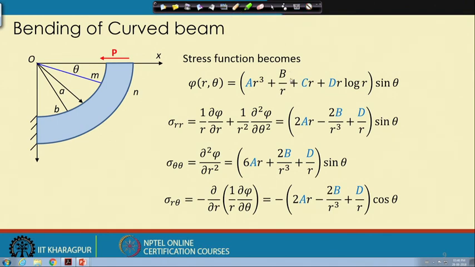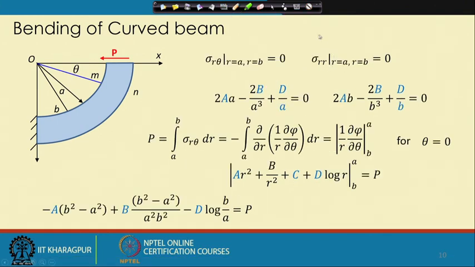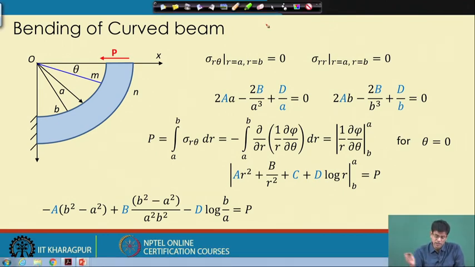So, let us see how we can find out these constants from the stress boundary conditions. The first boundary condition is essentially sigma r theta at r equals a and r equals b.